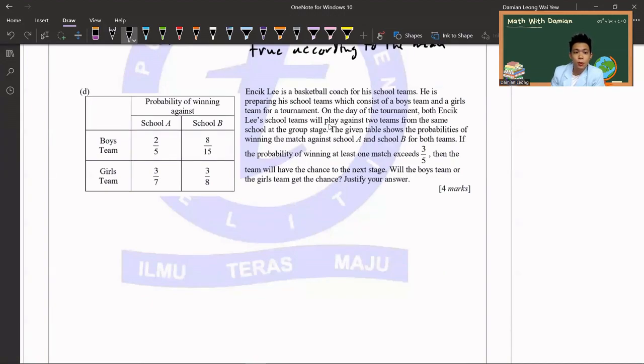So the given table shows the probability of winning the match against school A and school B for both teams. If the probability of winning at least one match exceeds 3/5, then the team will have the chance to go to the next stage. So will the boys team or the girls team get the chance? Justify the answer.